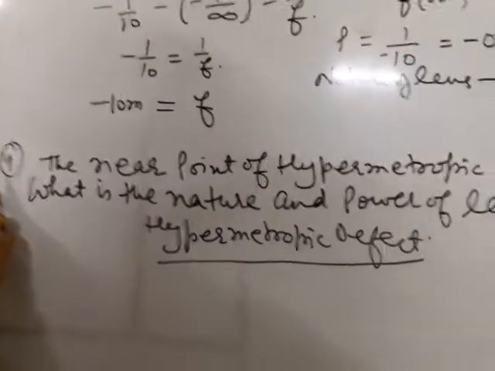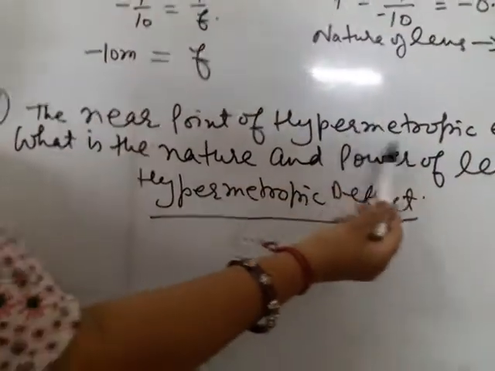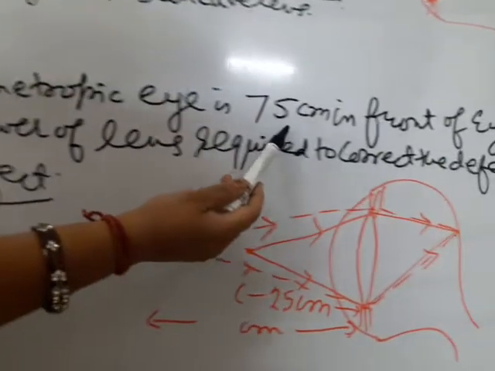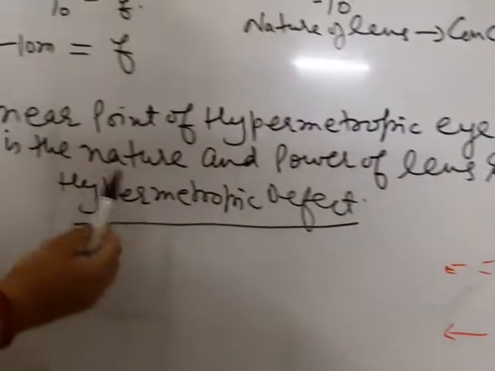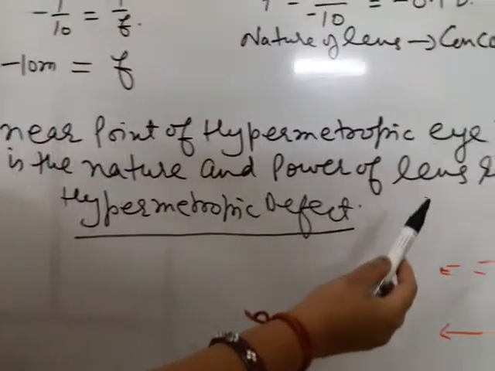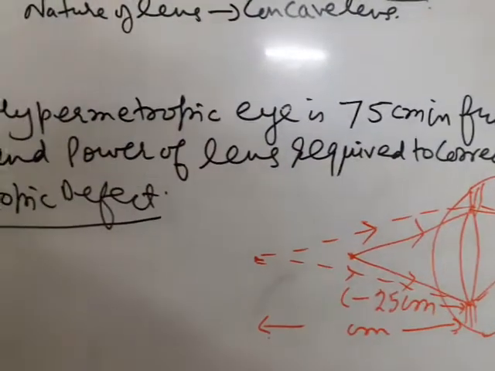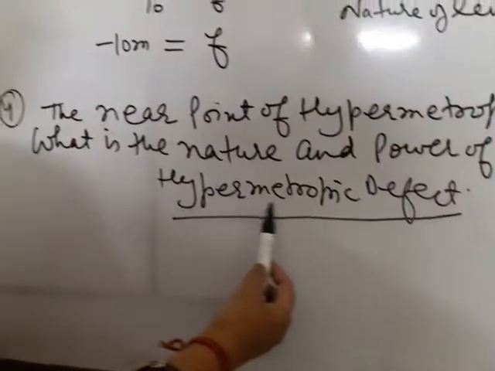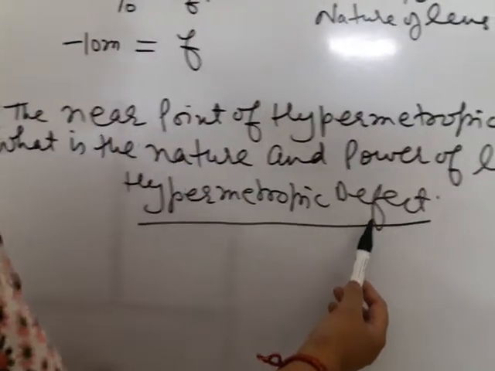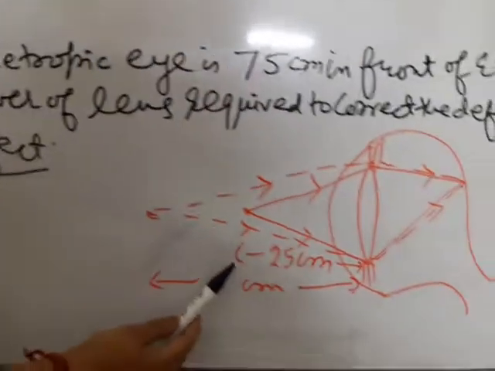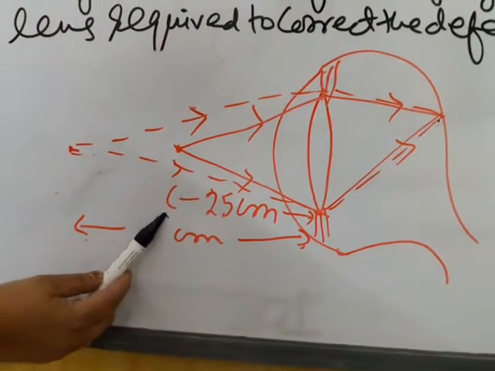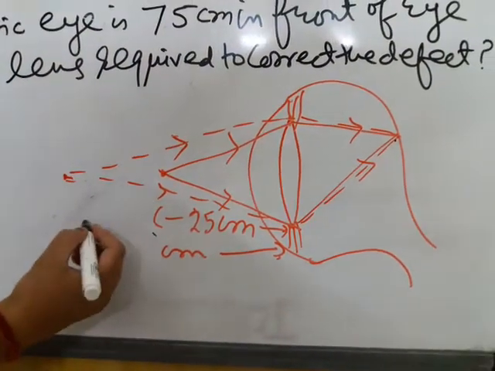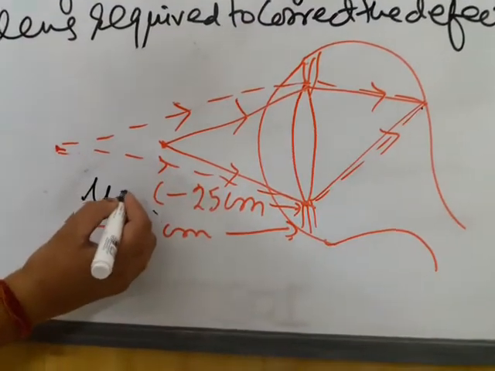Next numerical: the near point of a hypermetropic eye is 75 centimeter in front of the eye. What is the nature and power of lens required to correct the defect? So the defect is hypermetropic defect, and you all know that the near point of a normal human eye is 25 centimeter, which is the object distance.